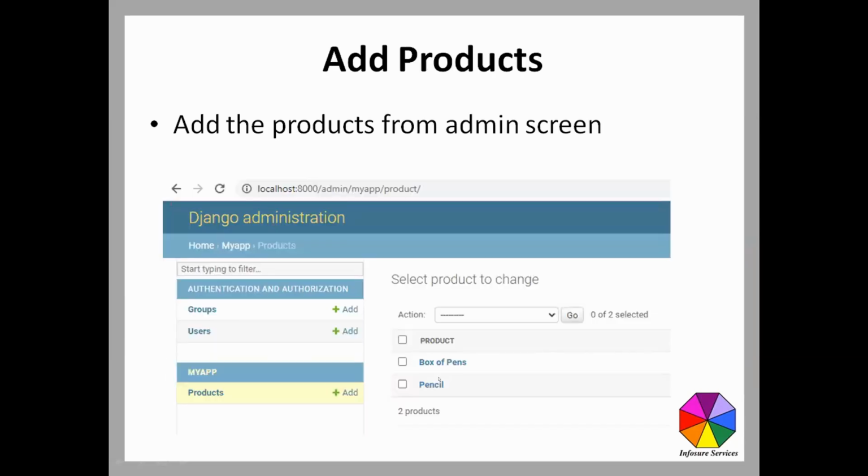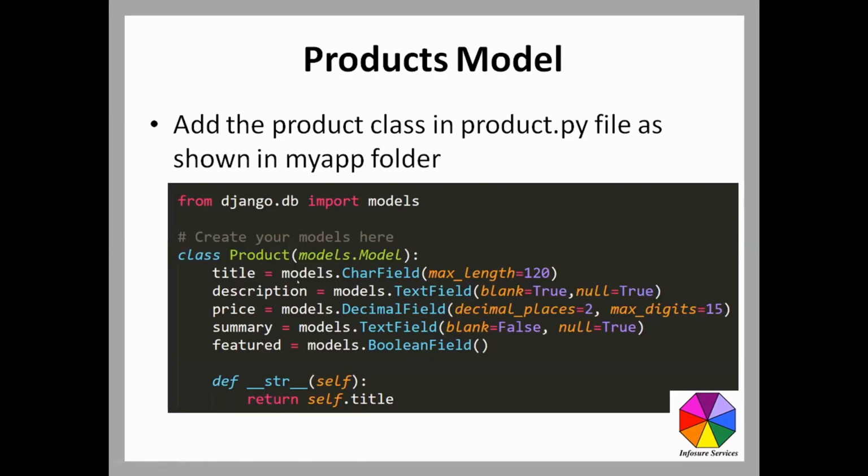Here the administrator is seeing the titles below. He will not see them if you didn't code the class with this str. So simply put, this is a string representation of the class.